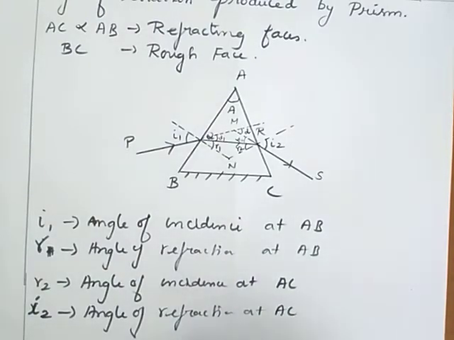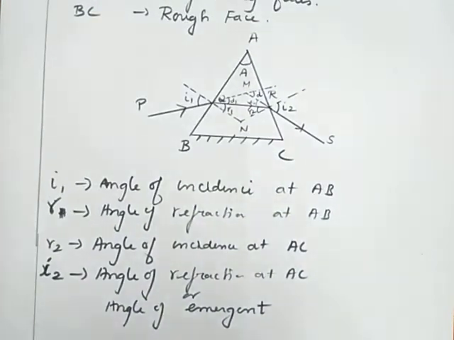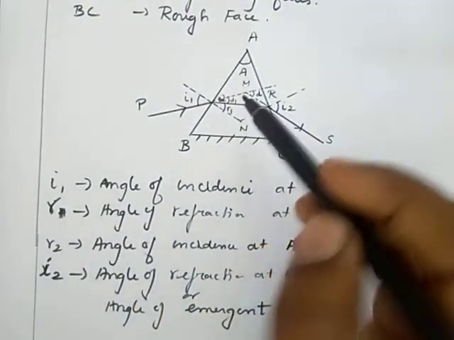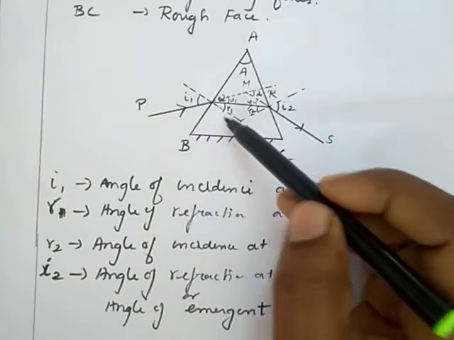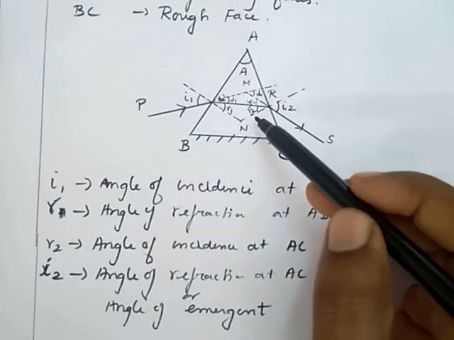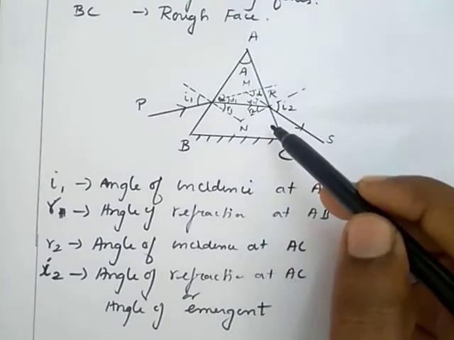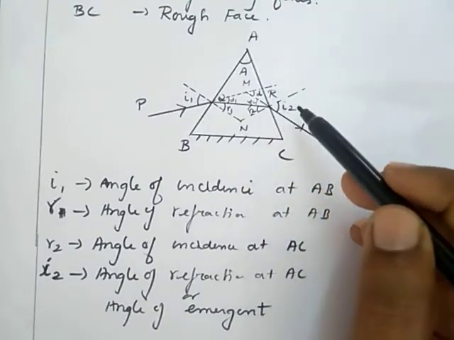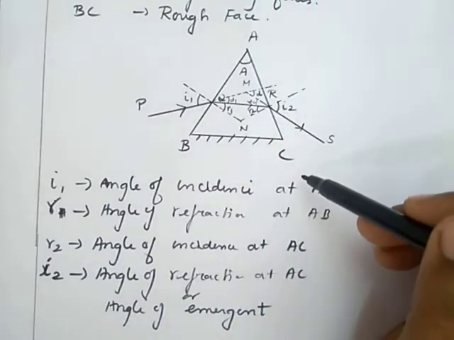That I2 is also known as the angle of emergence. I1 and R1 are the angle of incidence and angle of refraction at the face AB, and R2 and I2 are the angle of incidence and angle of emergence at the face AC.